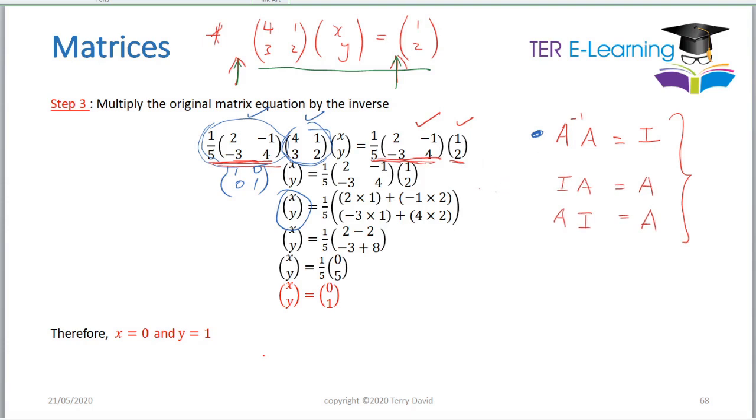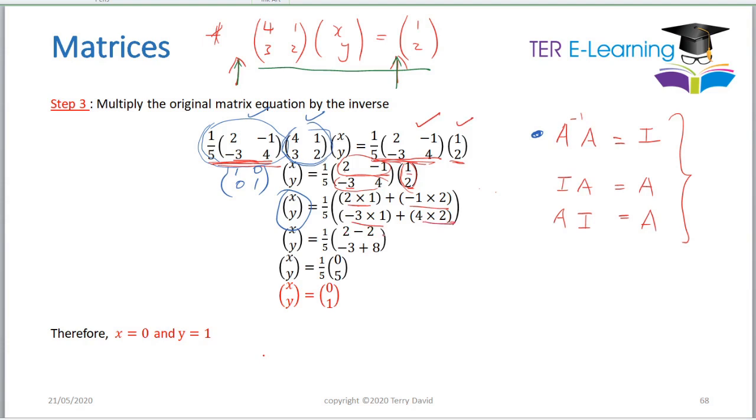We take this row and multiply by this column: 2 multiplied by 1, added to minus 1 by 2. Then we take this row and multiply by this column: minus 3 by 1, and then 4 by 2.